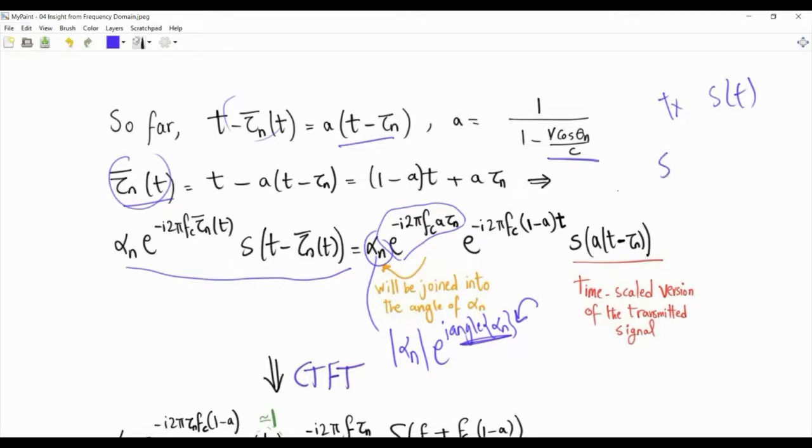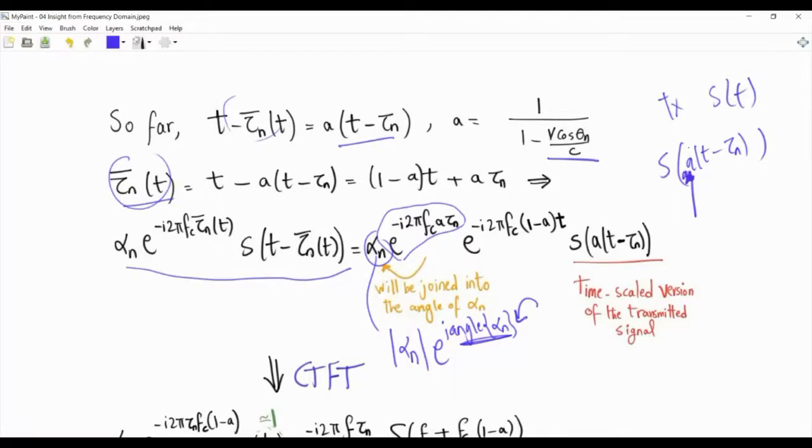What you receive under our assumption is A of t minus tau n. So it's a signal to which two operations have occurred. There is a delay, now a delay with a constant, and it's scaled, because A can be greater than 1 or less than 1. So it's a time-scaled, time-shifted version of the transmitted signal.